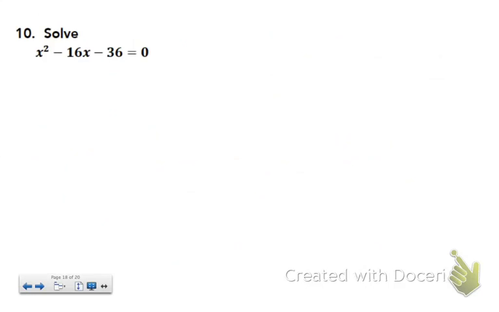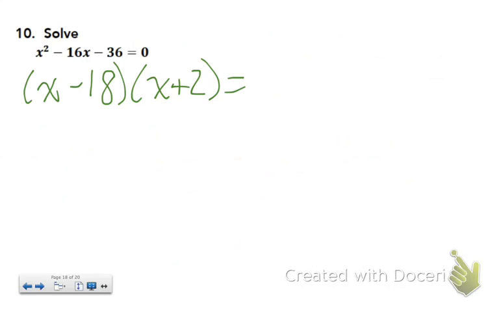This one first I need to factor and then set equal to 0 to solve. So factors of negative 36 that give me negative 16 would be 18 and 2. So I get x minus 18, x plus 2 equals 0. Then I'm going to set each side equal to 0.